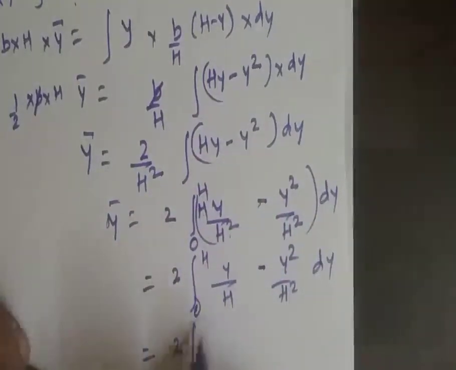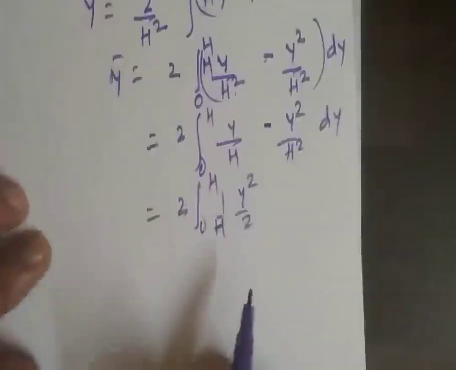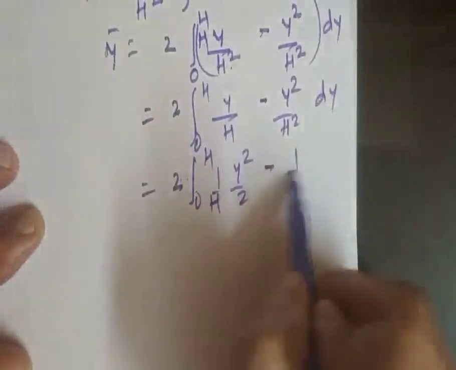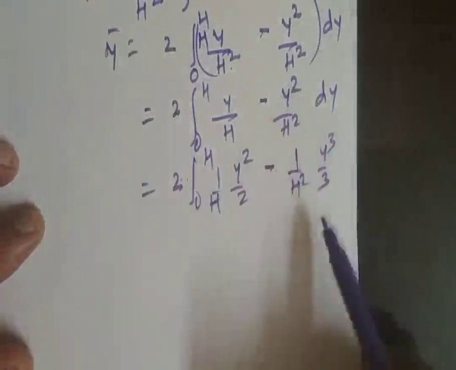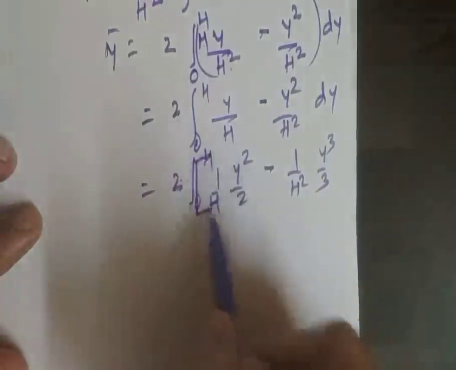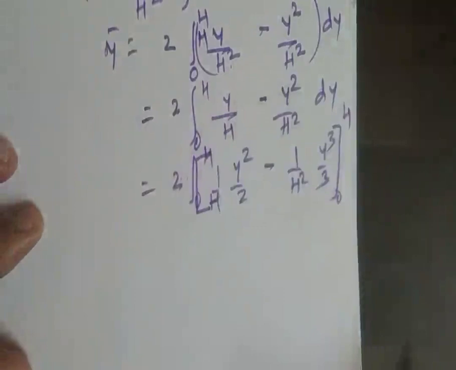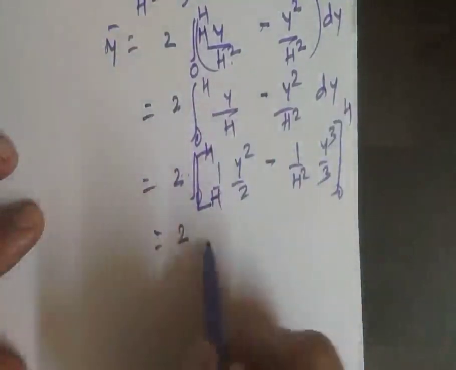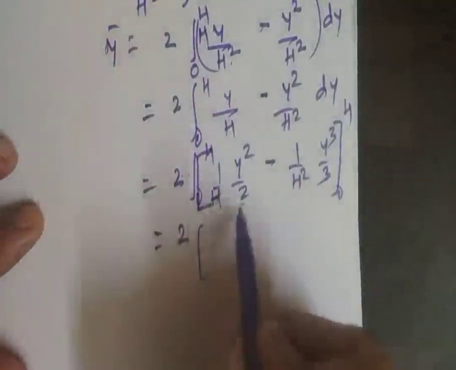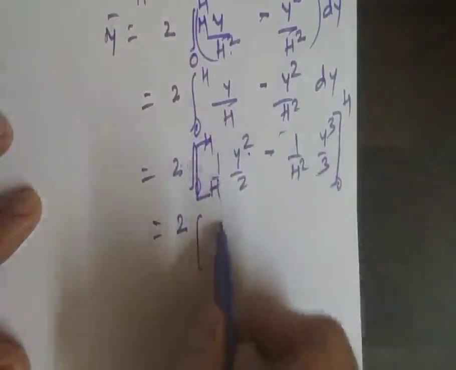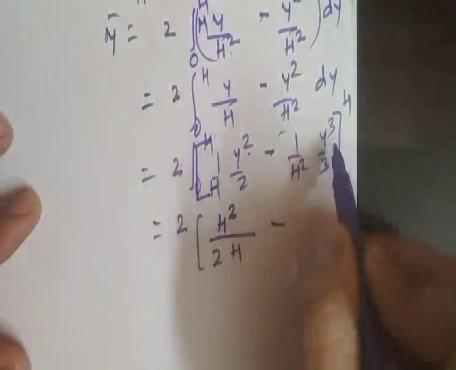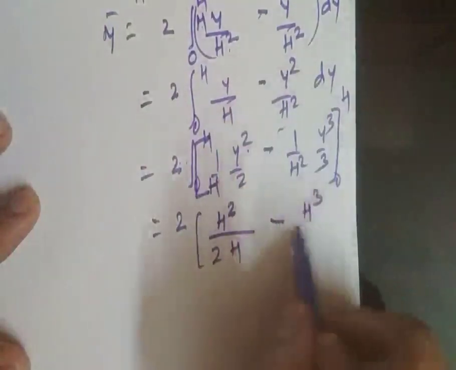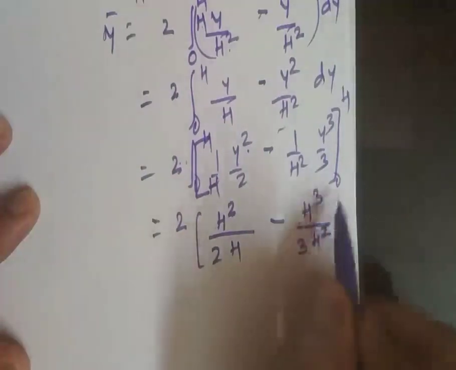So 2 times, from 0 to h, 1 by h as it is, y square by 2, minus 1 by h square, y cube by 3, because the integration of y square is y cube by 3. This part is substituted with the limits 0 to h. So 2 as it is, and substitution of y in terms of h gives h square divided by 2h, minus h cube divided by 3h square.